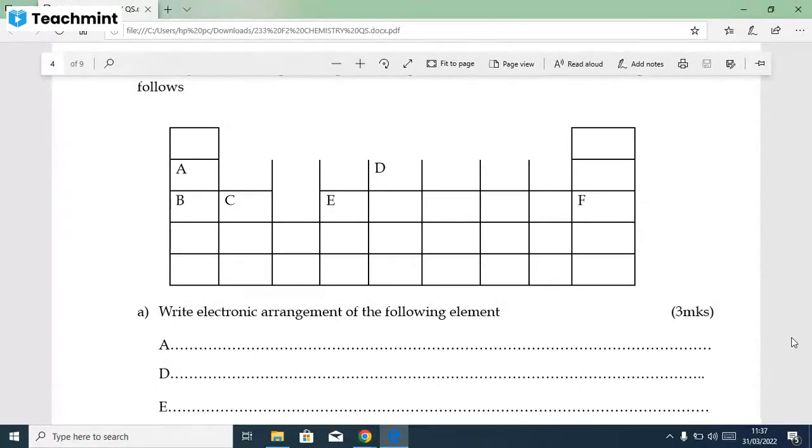What we do is interchange the valencies. What will be the formula of the compound formed?